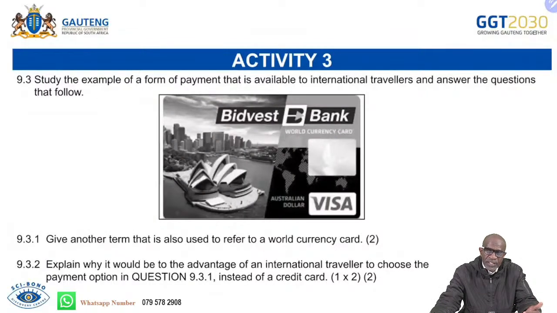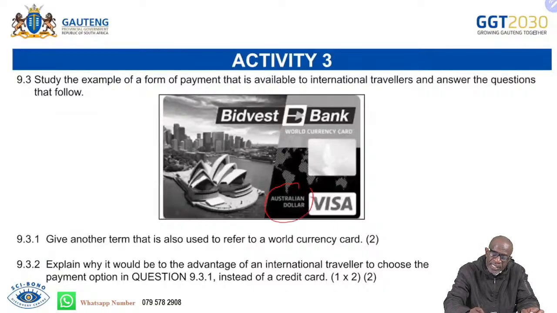Let's move on to activity 3. It says, study the example of a form of payment that is available to international travelers and answer the questions that follow. So, grade 12 learners, as you can see here, it's a Bidvest Bank world currency card. So it's a preloaded form of debit card that you can use when you travel to Australia.